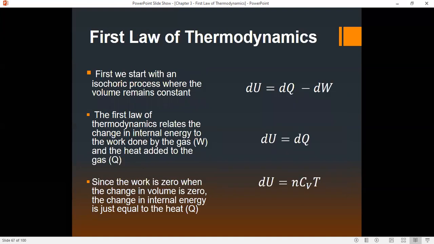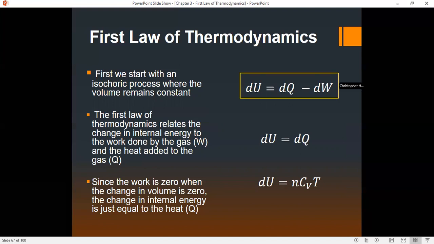Okay, here I am writing the first law of thermodynamics for an infinitesimal amount of volume within an ideal gas.